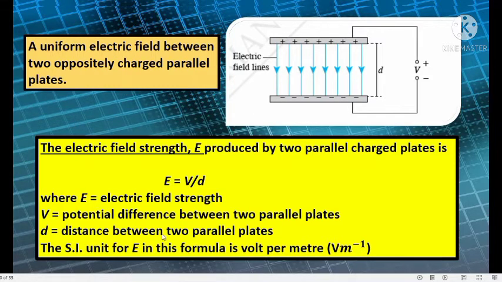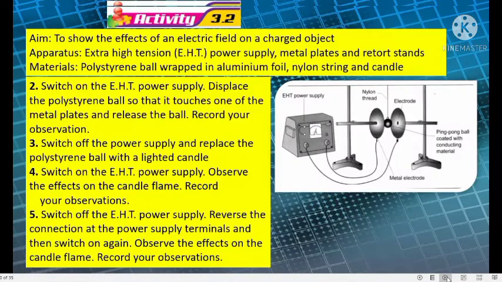So until now we have discussed two formulas. The first formula, E equals F divided by Q, is for a unit charge at a point in an electric field. When we discuss a uniform field for two parallel plates, we use the second formula, E equals V divided by d. So make sure you can differentiate between these two formulas.